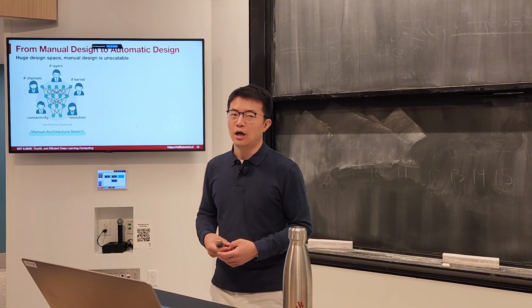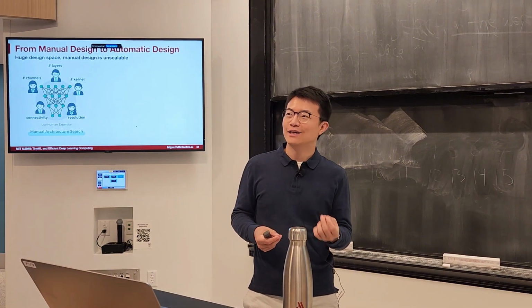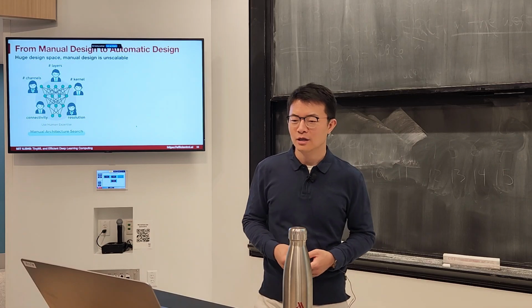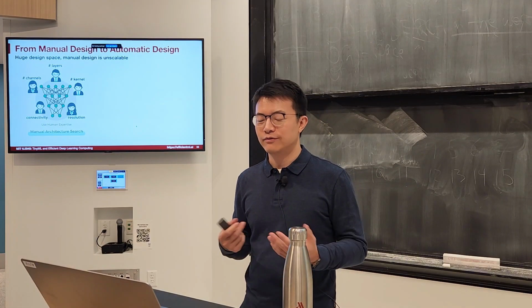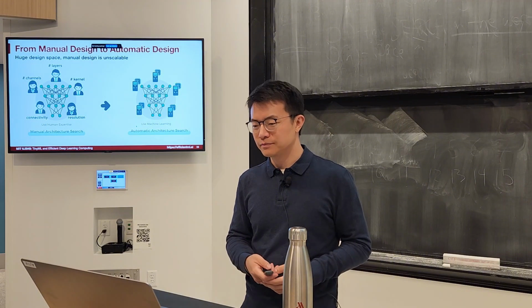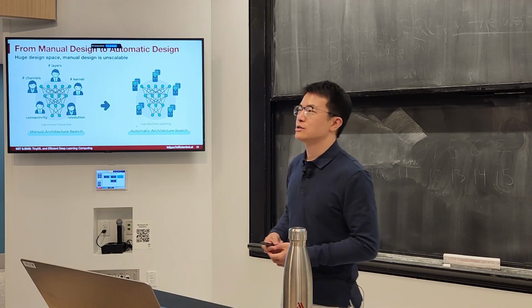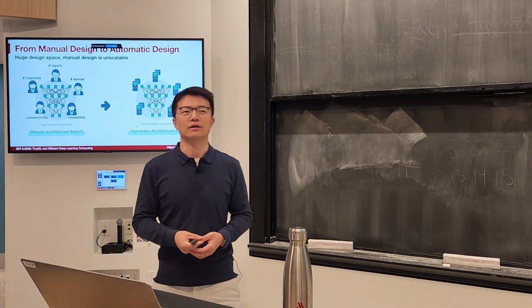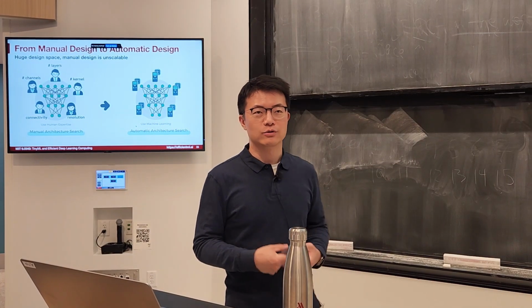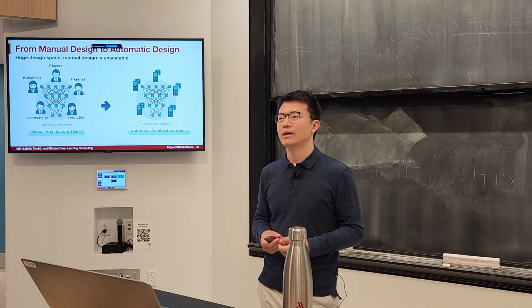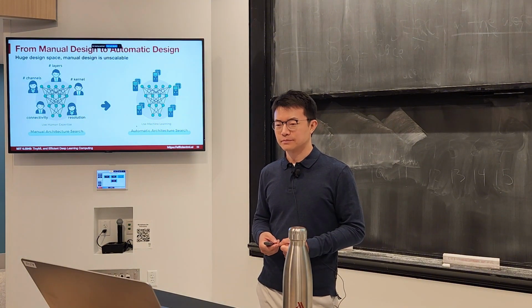But how do we design a model that's exactly 28 megabytes or 100 megabytes or a certain size? If it fits, then it can fit in the cache. It'll be very fast. If it doesn't, it'll be very slow. Which motivates us to build automated design space exploration methods, so that we can use machine learning to design these neural architectures rather than manually design them.